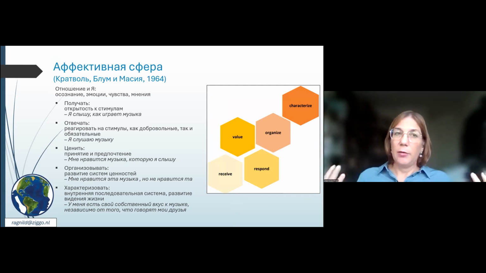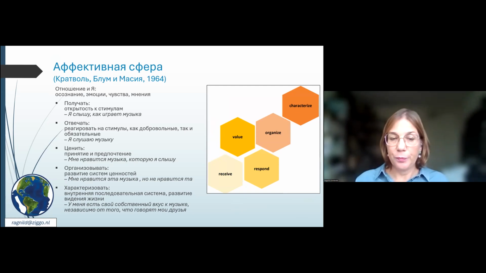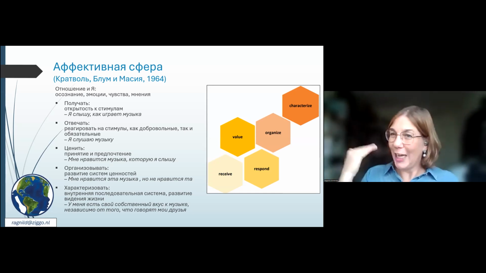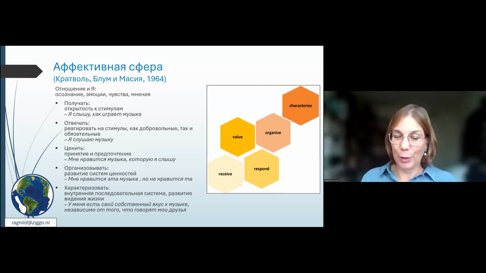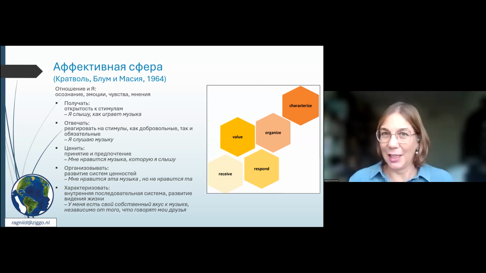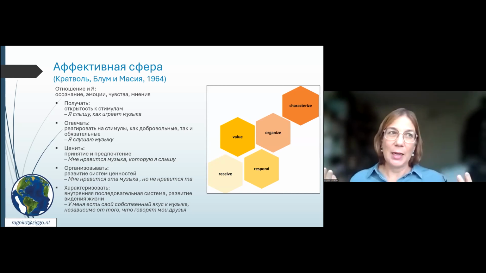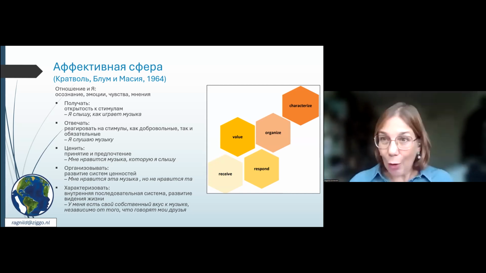And they made this taxonomy of goals considering the attitude and the self. And this focuses on awareness, on emotions, on feelings and opinions, because we're not only thinking beings, we are human beings and we feel things and we have emotions that influence how we think and how we act.